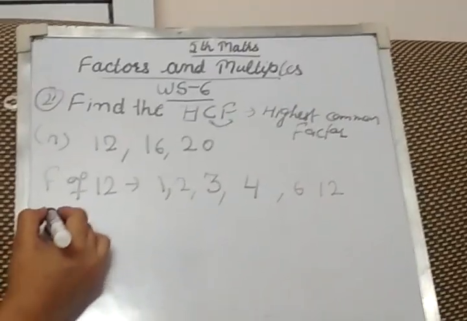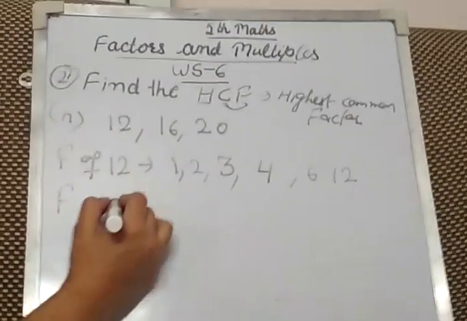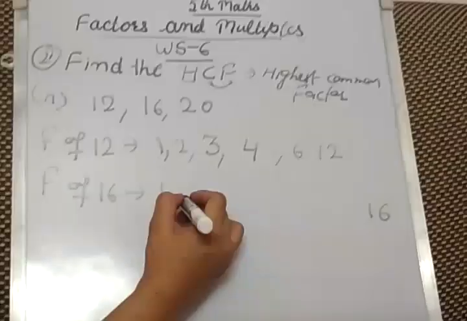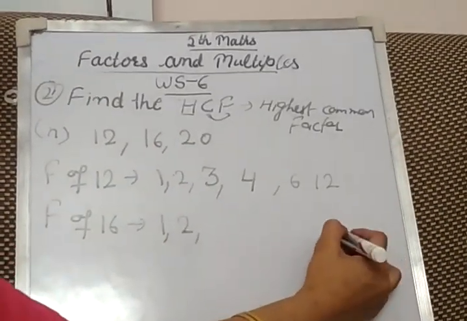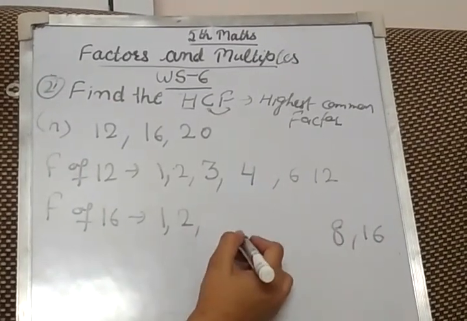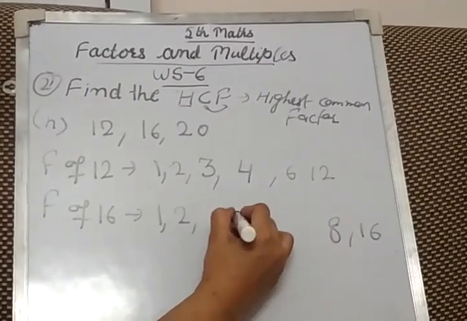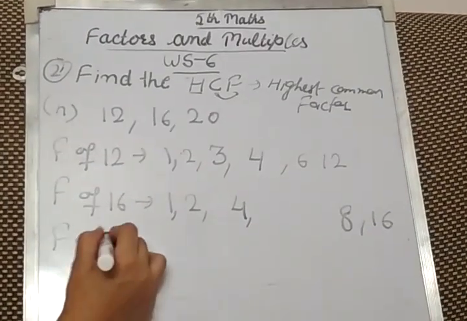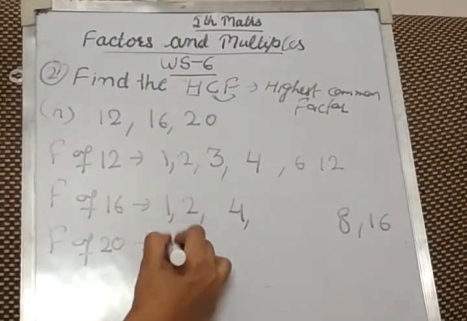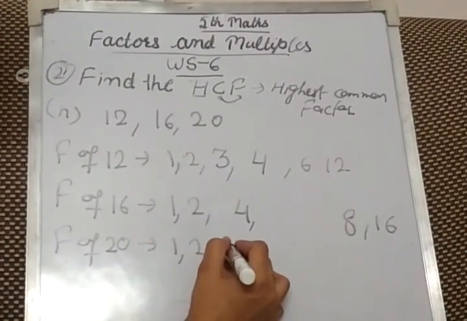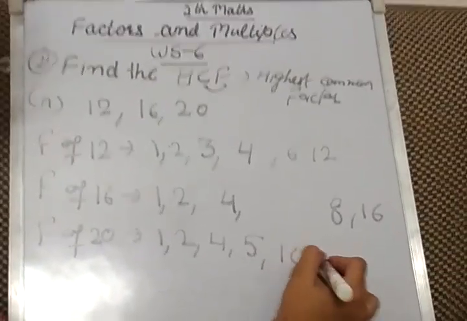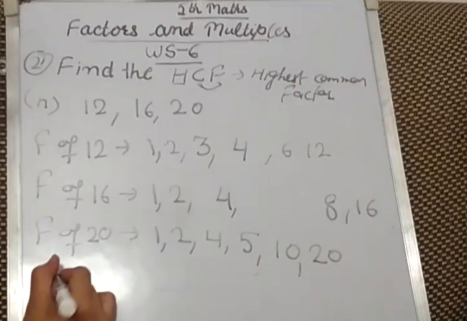Now factors of 16: 1 and 16, 2 and 8, and the next one is 4, 4 fours, then 1. Now write the factors of 20. You wrote in the last question: 1, 2, 4, 5, 10, 20.